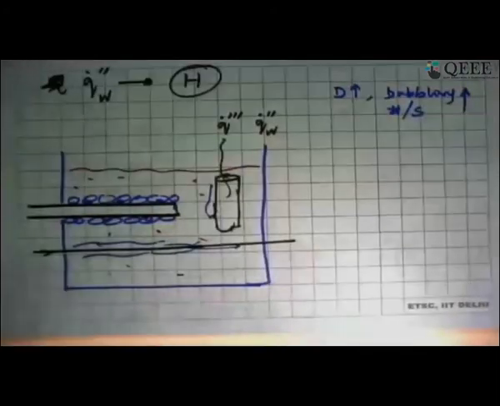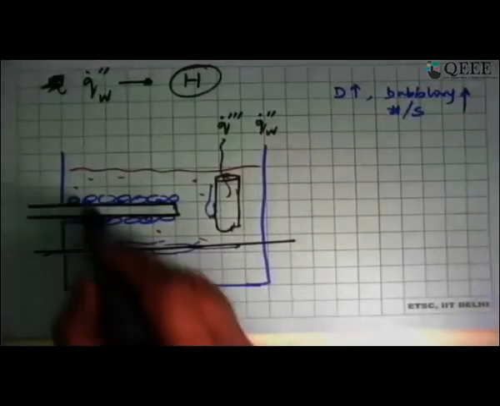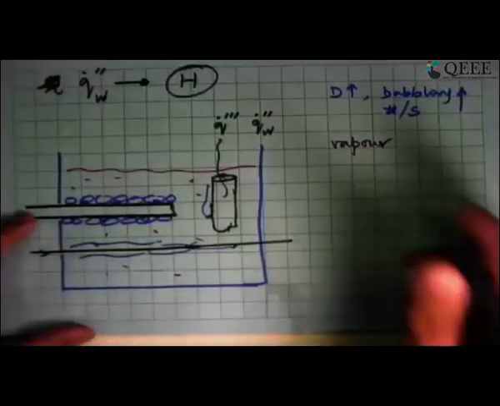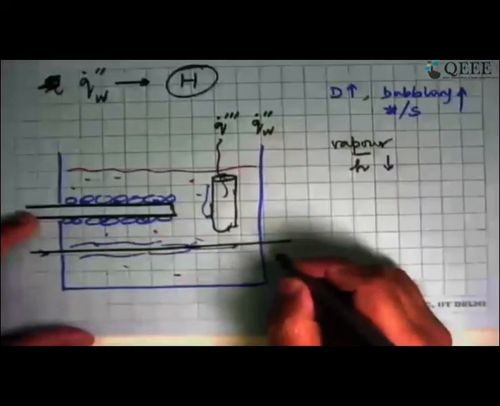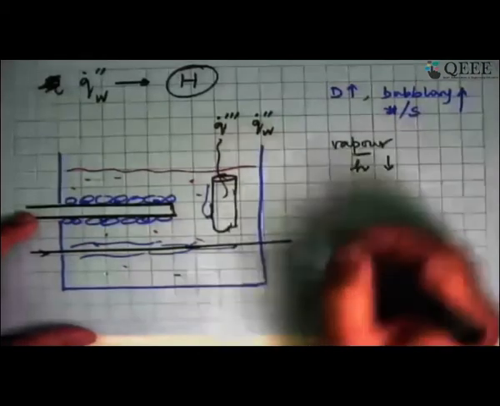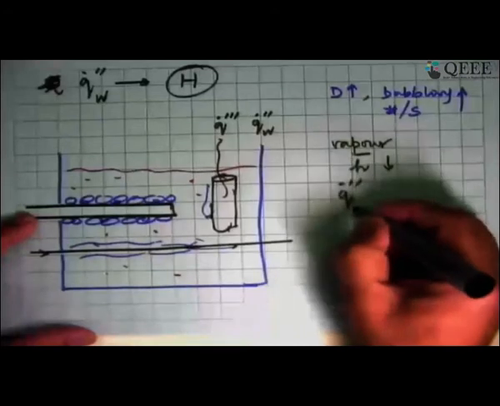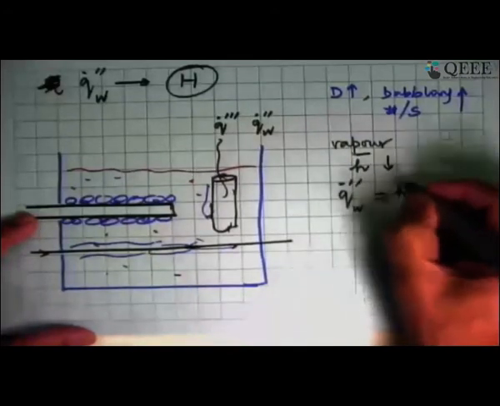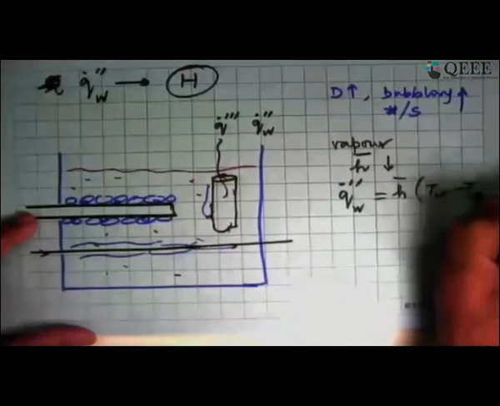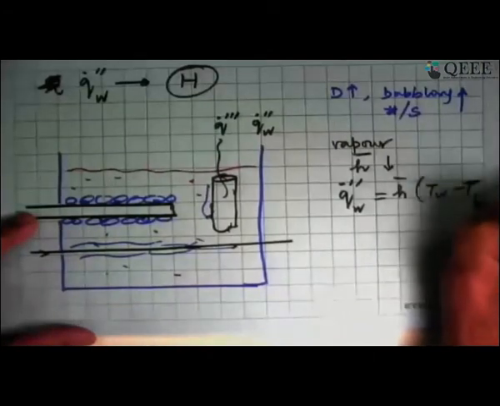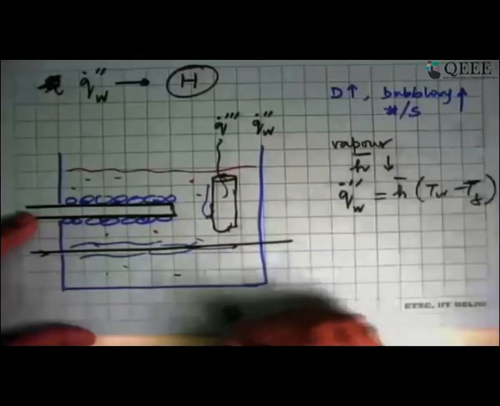Okay, now let's see what happens. If we have vapor being formed over this, the surface is blanketed by vapor. Vapor, as we know, has a much lower heat transfer coefficient than when the liquid was in contact with the surface. So the average heat transfer coefficient will go down. And when that happens, because it's a constant heat flux case, this will be Q dot double prime wall equals H bar times (T_W minus T infinity), which in our case is T fluid, the saturation temperature.